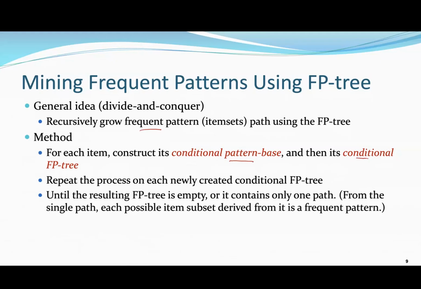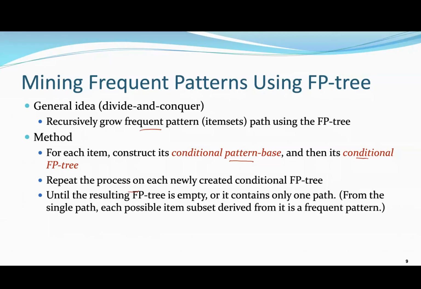Then we repeat the process on each newly created conditional FP tree until the resulting FP tree is empty or contains only one path, and that is considered the base case of the recursion. From the single path, each possible item subset would give us a frequent pattern. Again, I do not expect you to understand this fully, so we'll use an example to illustrate.